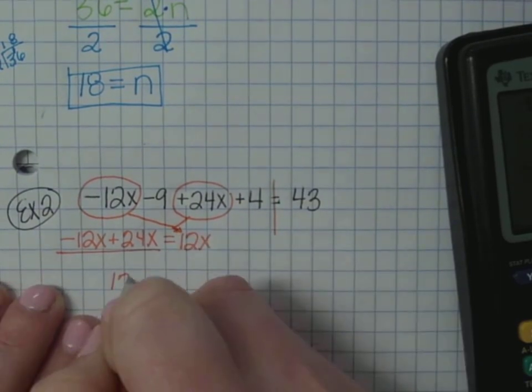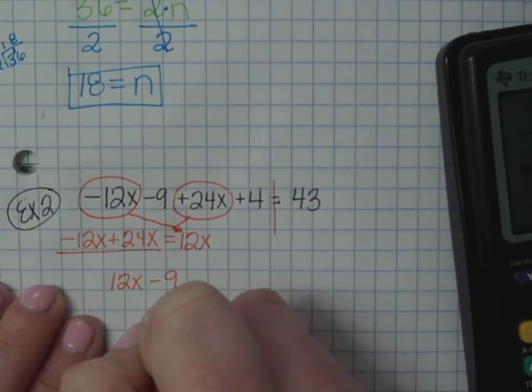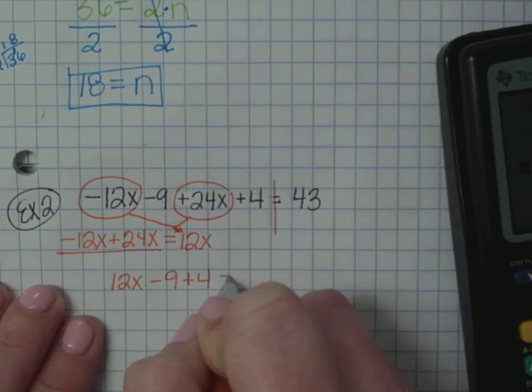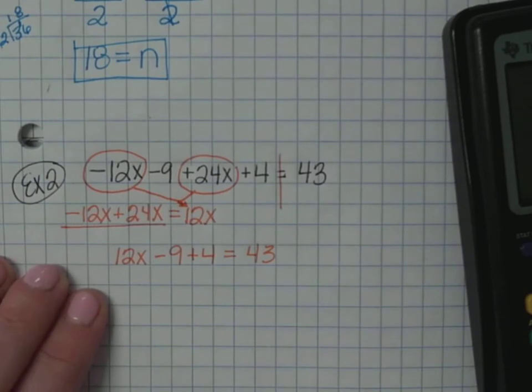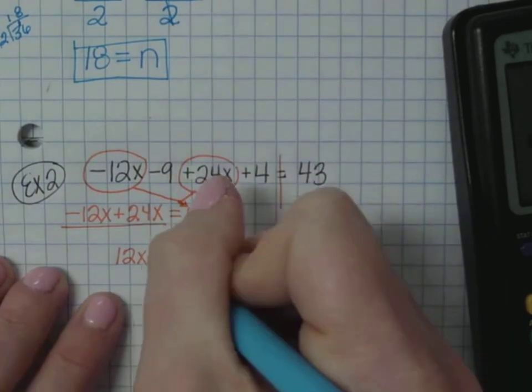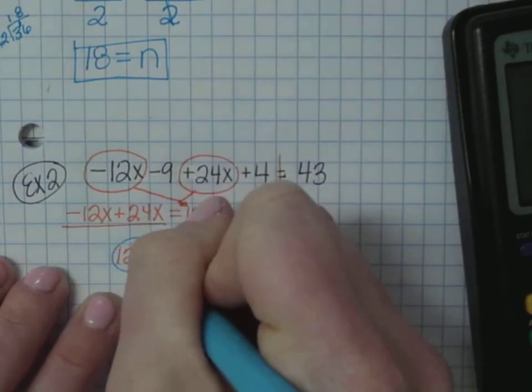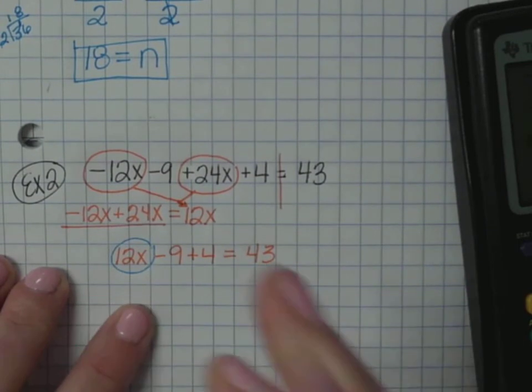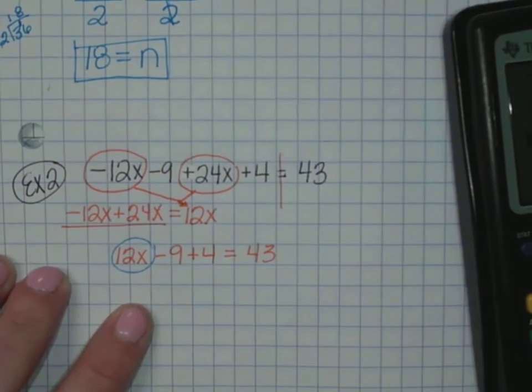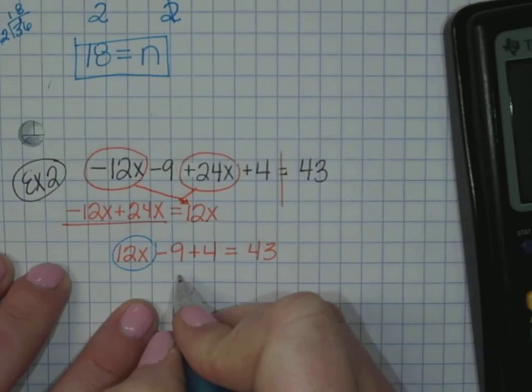So then it would be 12x minus 9 plus 4 equals 43. Okay. Circle the variable. Negative 9 plus 4. Sorry, I turned the light on. Hopefully that wasn't really loud on the microphone.